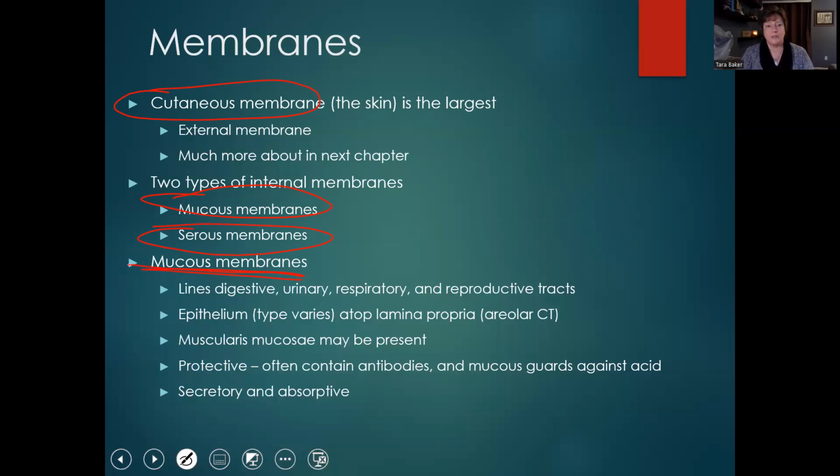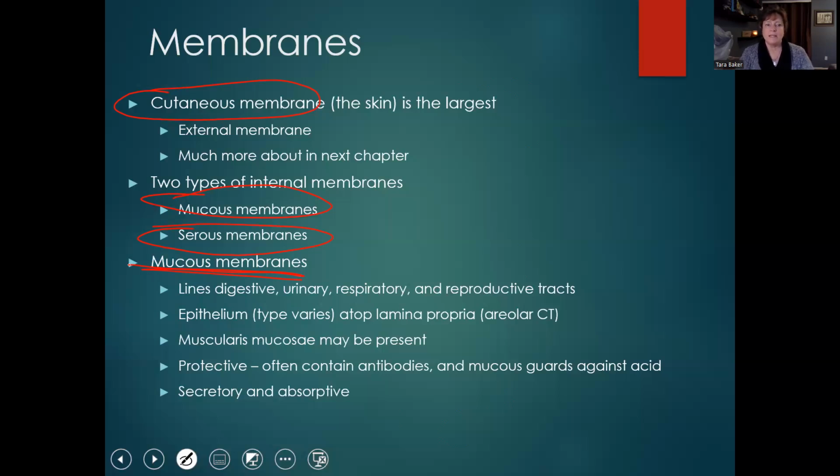Mucus is also going to be around your urinary tract. We don't see mucus coming out of our urinary tract very often, but it's going to be in our urinary system, and it's also in the reproductive tract. So a female has mucus in her vagina, and that helps with sex, but it also helps with reproduction.